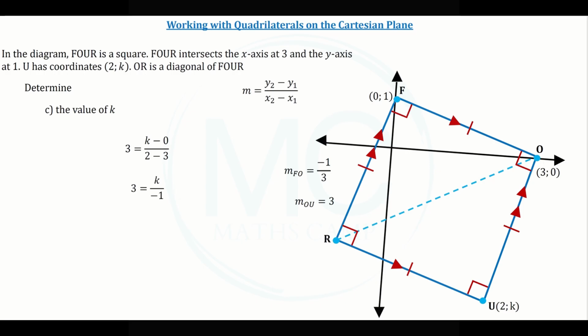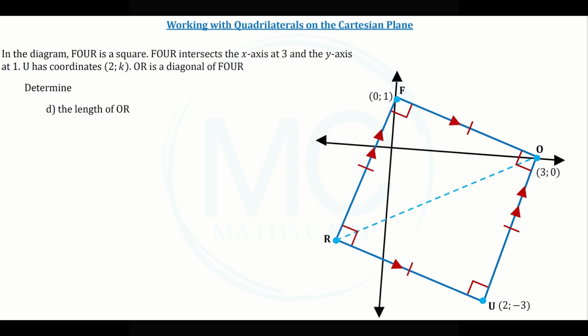Now, to get K by itself, let's multiply both sides by negative 1, and we see that negative 3 is equal to K. We now know that K is negative 3, so let's take out the coordinates of U and rewrite them as 2, -3. And now we can move on to part D.